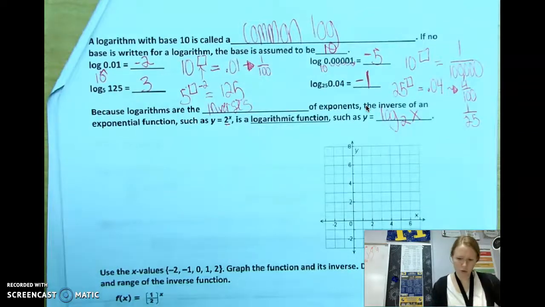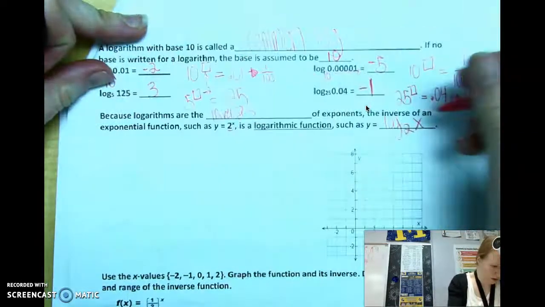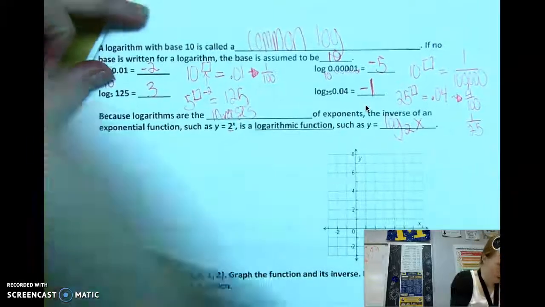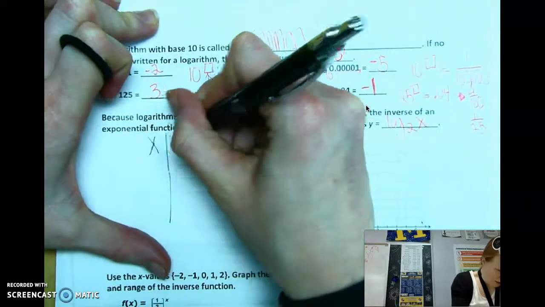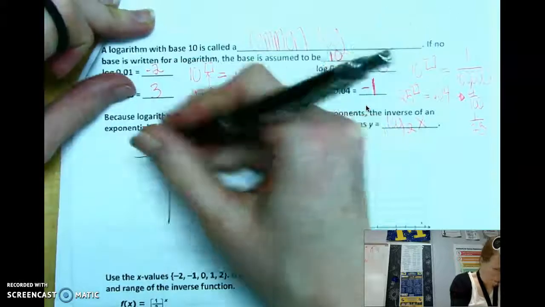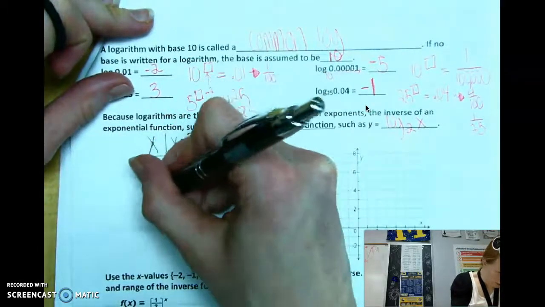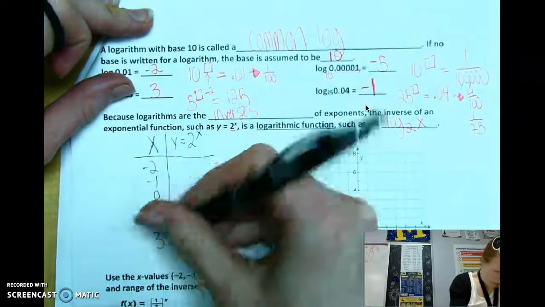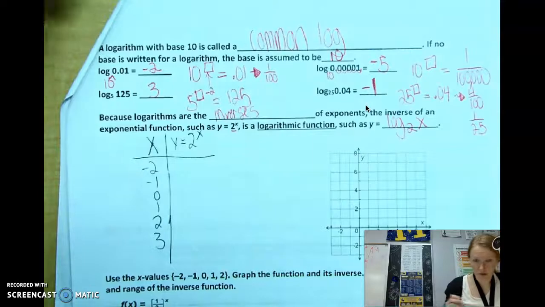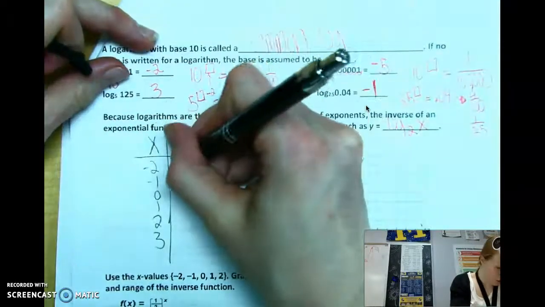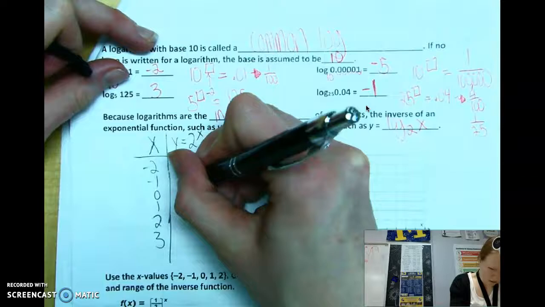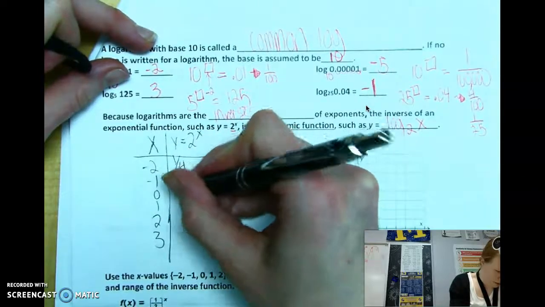So if we were to graph our original function, so I can use a black pen, so x and then y is equal to 2 to the x power. If we were to plug in -2, -1, 0, 1, 2, 3, we actually did this in your notes from section 7.1, so I'm just going to kind of cruise through this and write down all of these numbers.